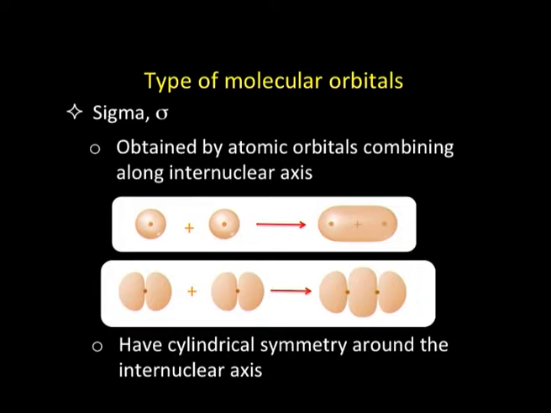Typically, all such orbitals have cylindrical symmetry around the internuclear axis. If you look around the internuclear axis, the orbital is symmetrical. If you look along the internuclear axis, typically they look like s orbitals. So, s gives sigma.